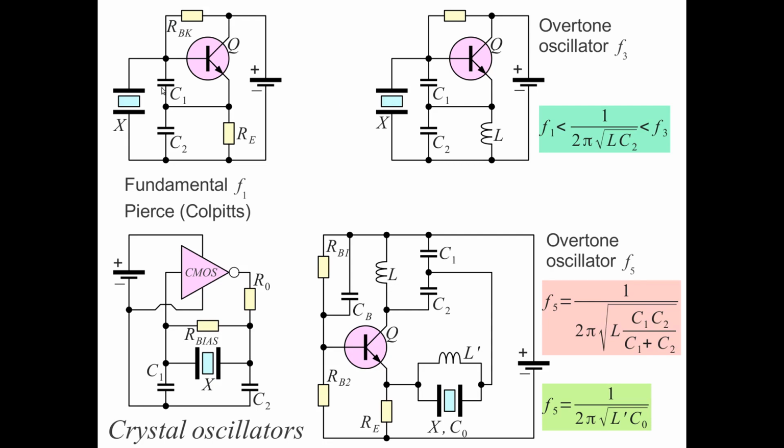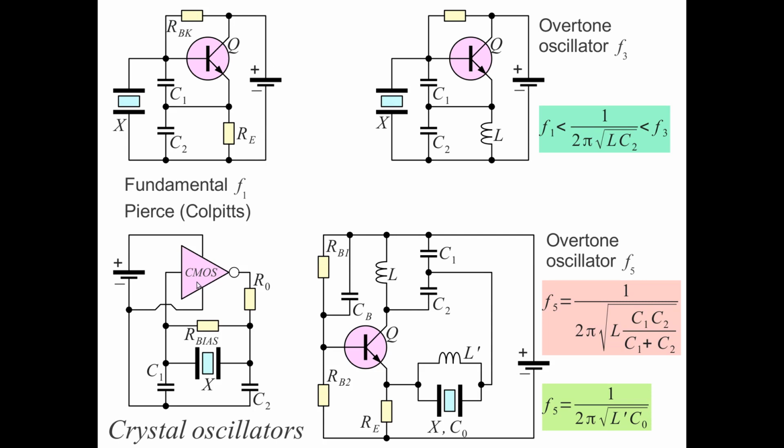And also the gain of the transistor is the highest at the fundamental mode. This will probably only oscillate at the fundamental mode. It's very difficult for this circuit to oscillate at overtones of the crystal if these two capacitors, C1 and C2, have sensible values.